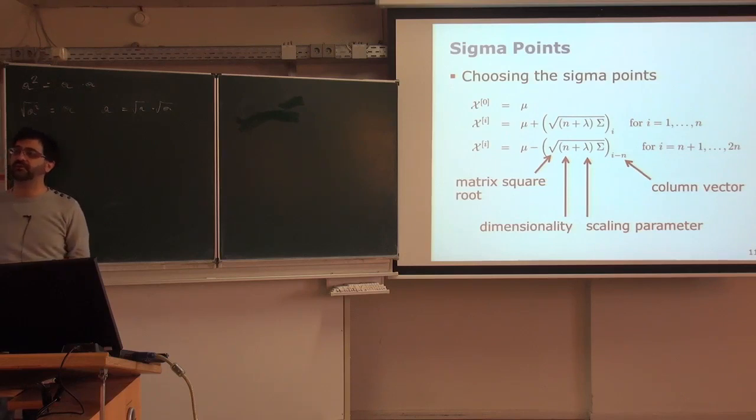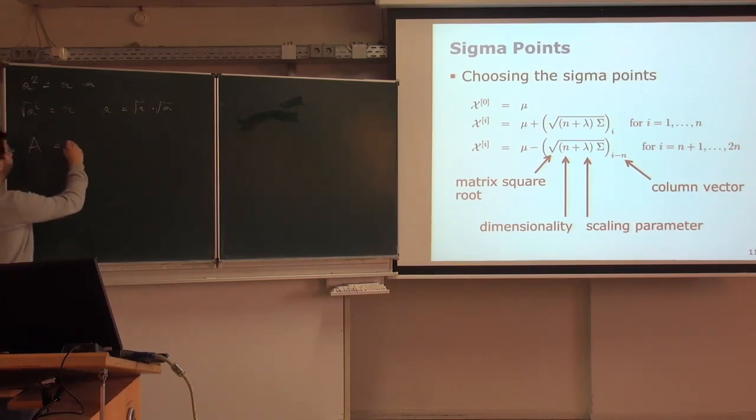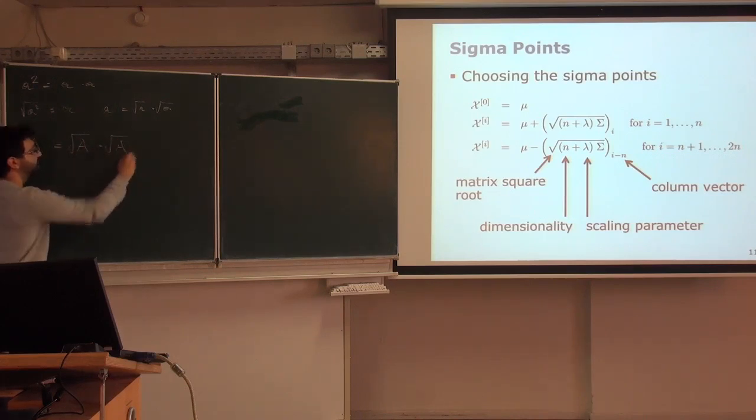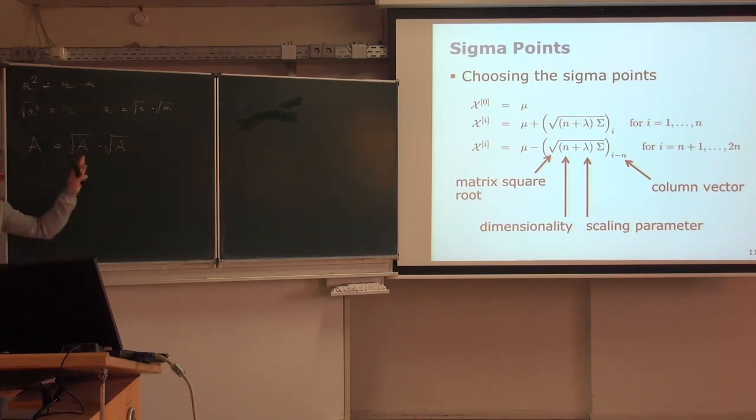And you can do the same with a matrix. You can say, I have a matrix A, and square root of A times square root of A. I'm just defining the square root in a way.